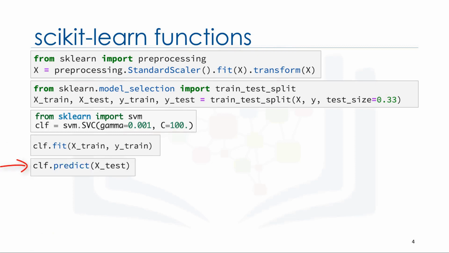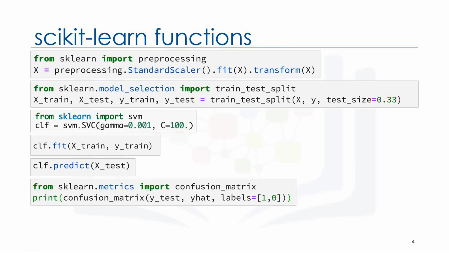Then, we can use our test set to run predictions. And the result tells us what the class of each unknown value is. Also, you can use the different metrics to evaluate your model accuracy. For example, using a confusion matrix to show the results. And finally, you save your model.